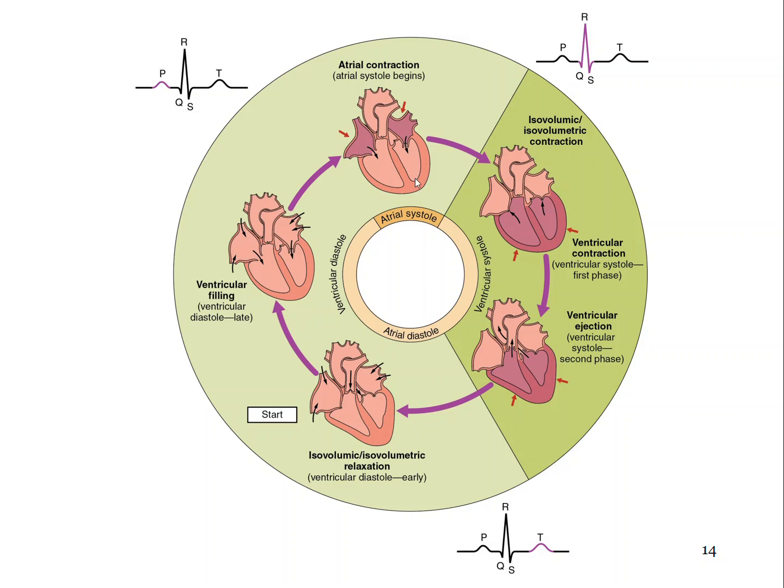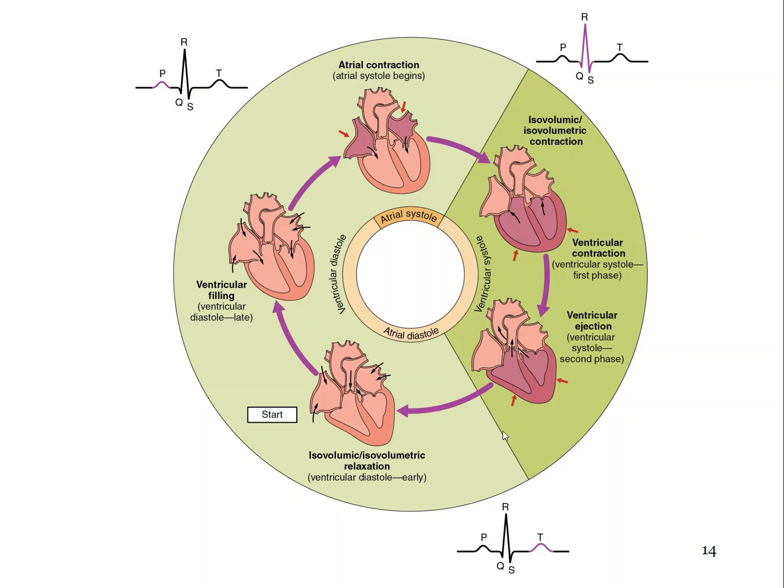So here we have the events that happen during a cardiac cycle, from the start of one beat back to the start of the subsequent beat. As you know, we have electrical events during the cardiac cycle, which start with the P wave, meaning depolarization in the atrium, then the QRS, which is depolarization in the ventricle, and then the T wave, which is repolarization of the ventricle.